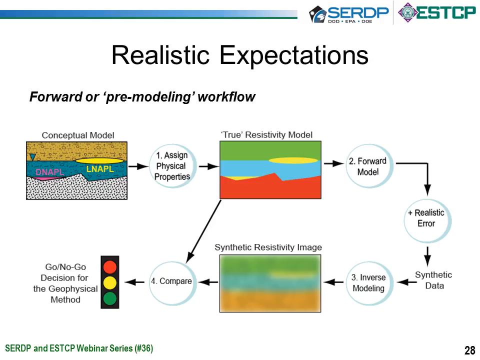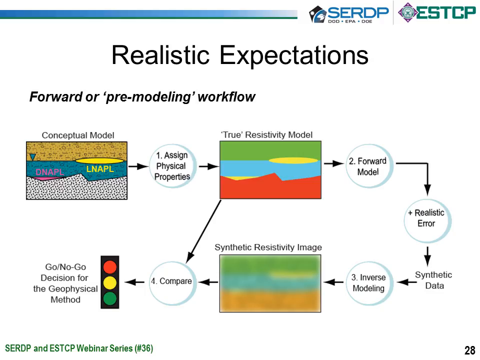Then we can generate synthetic data. That is step 2: generate synthetic data. We can even go as far as to add realistic errors to the measurements that we might expect given the site. Then we can take those synthetic data and see how well the geophysical imaging does at reconstructing the known model. This is the process of inverse modeling, and the result is this fuzzy image, as I explained earlier.